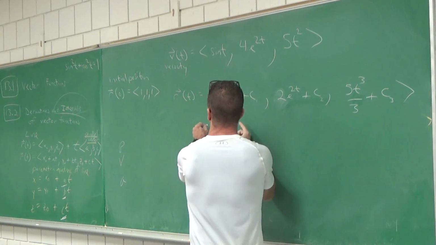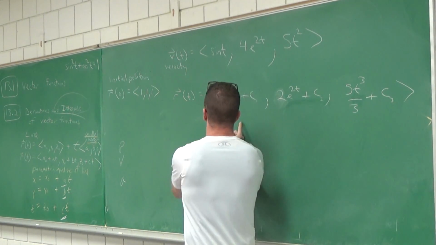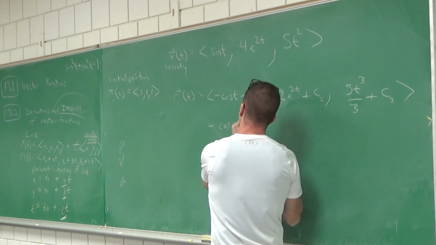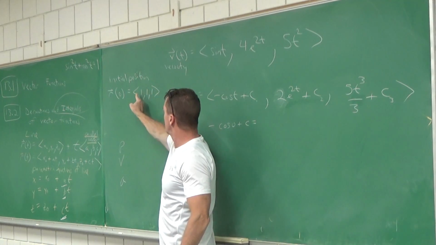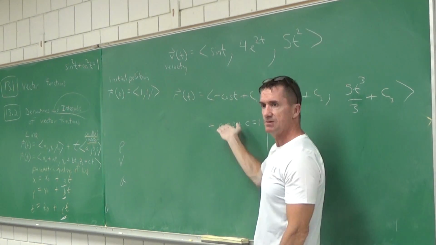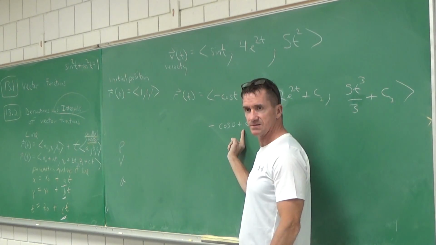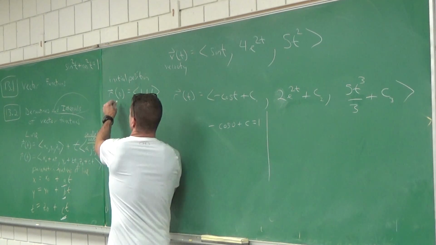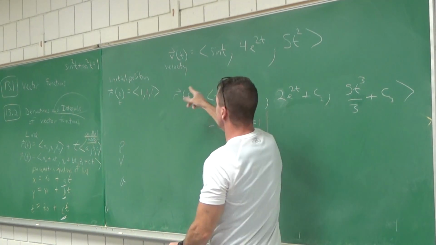All right, so I'm going to write this. Negative cosine of 0 plus a constant must be equal to the number 1. I'll put a big wall just to separate this from this. This is to help me find the first constant. Negative cosine of a t value of 0, plus a constant must be equivalent to that number 1.